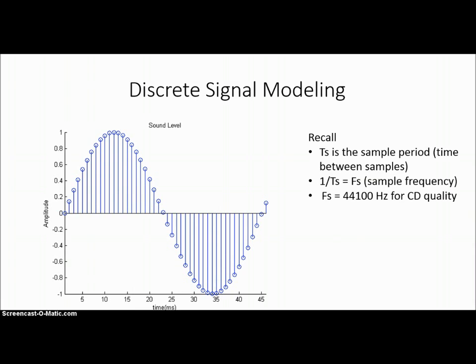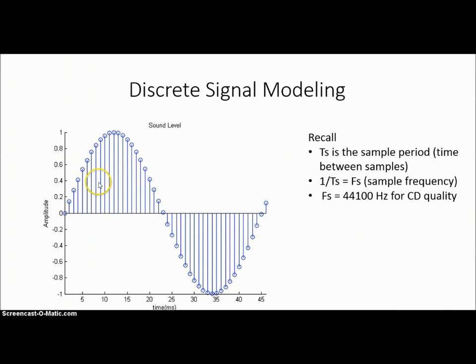And if you recall back in part 1 of the series, we talked about how we can represent a signal or music signal by modeling it in a discrete way. And what that means is that we go through and we sample and quantize the values. So if this is a sine wave, what we do is we sample at this time, we find out what the value is, this time find out what the value is, so on and so forth, until we get something here that looks sort of like a sine wave, okay?